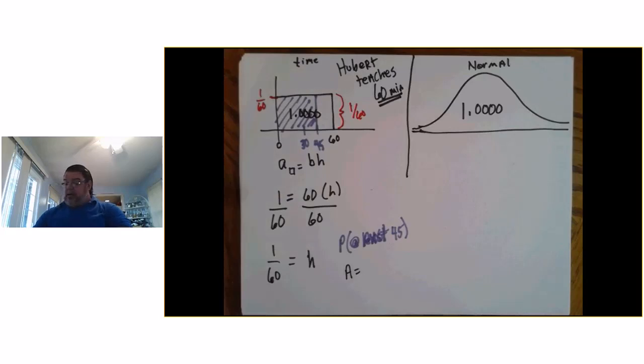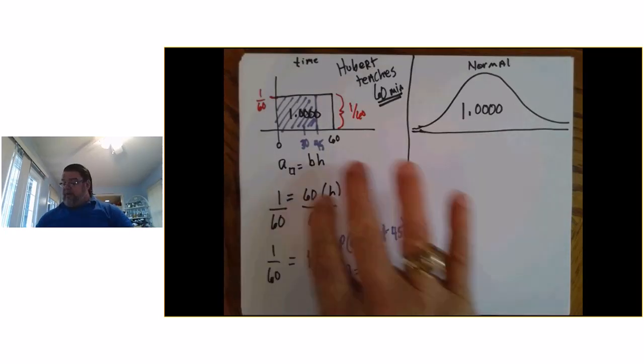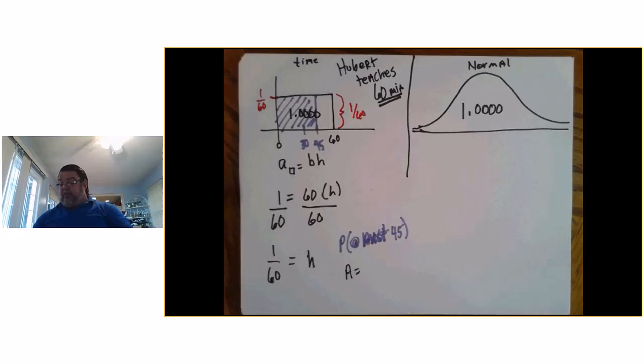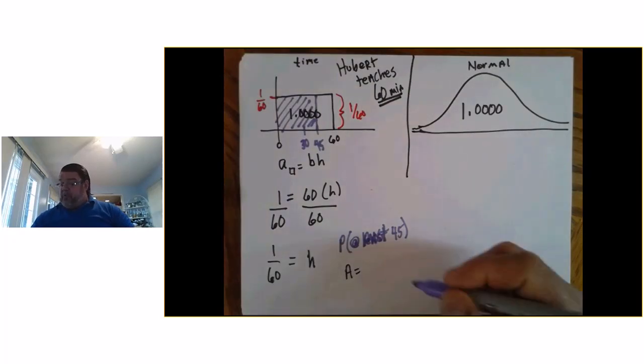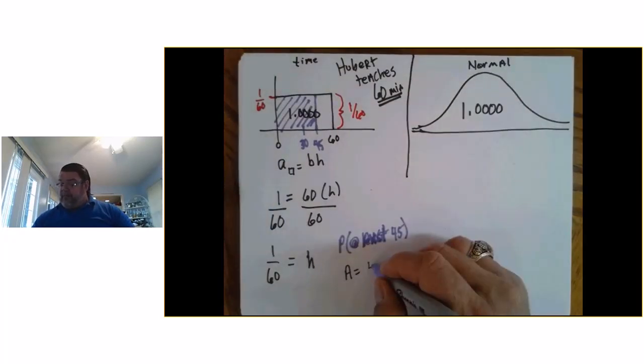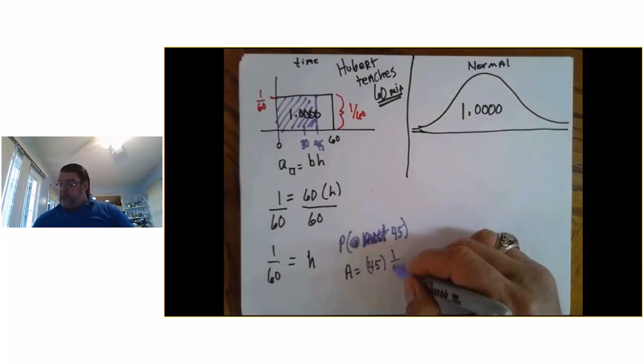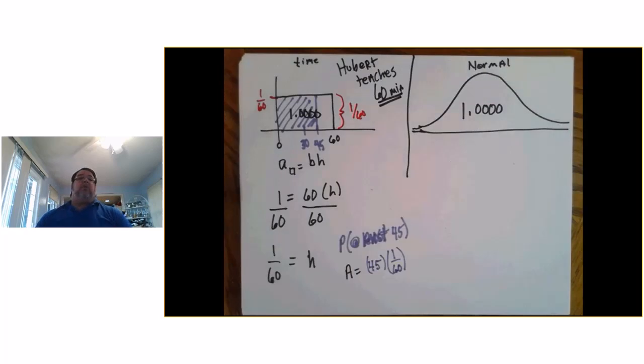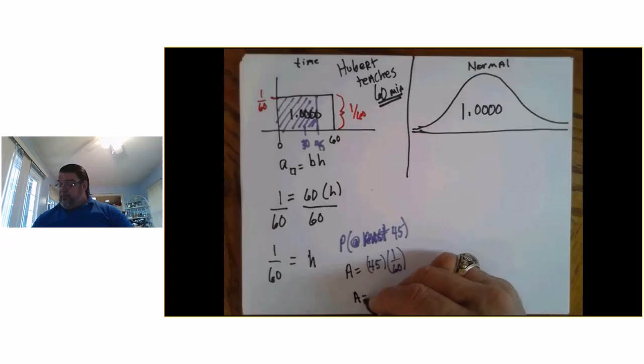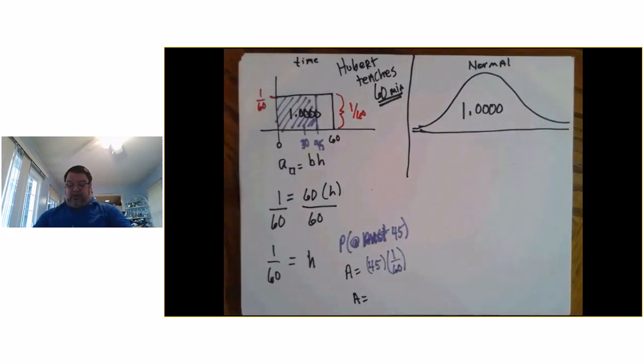All right, so there's my 45 minutes. So how do I do the area of that purple? Somebody tell me. What's the base? The base is 45, and the height is 1/60. So that's going to be A is equal to 45/60, and then turn that into a decimal.